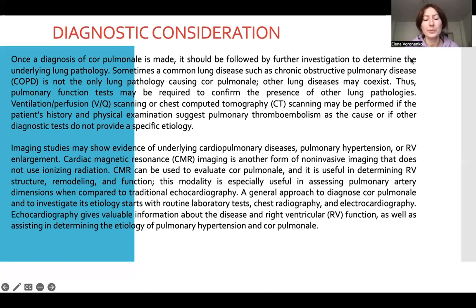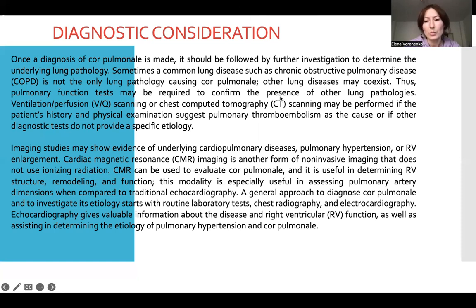CMR can be used to evaluate cor pulmonale, and it's useful in determining right ventricle structure, remodeling, and function. This modality is especially useful in assessing pulmonary artery dimensions when compared to traditional echocardiography.